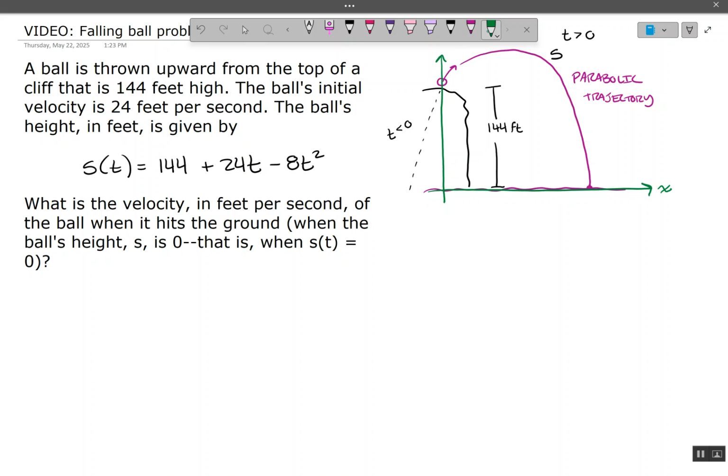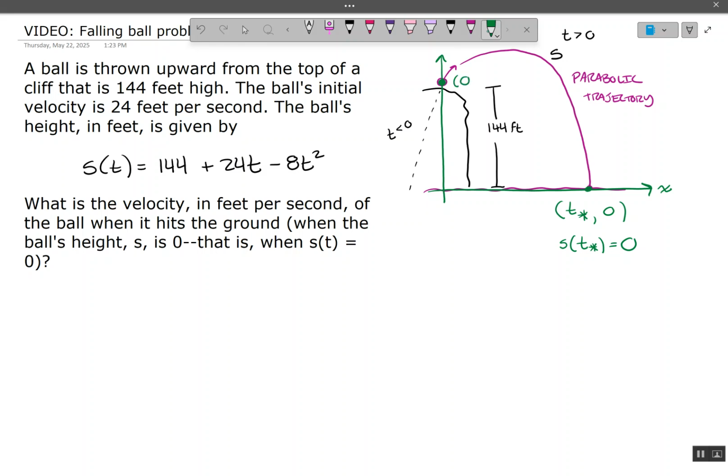So down here, this point has coordinates, well, some special time value that we don't know yet, and 0, such that s of t star equals 0. We also know the coordinates of this point.